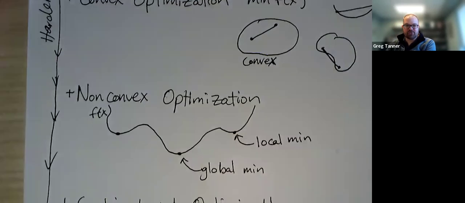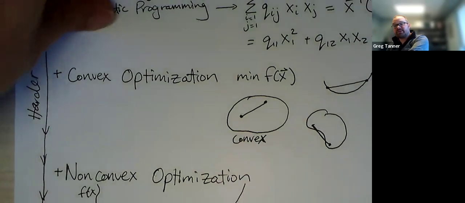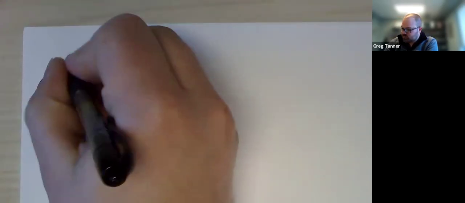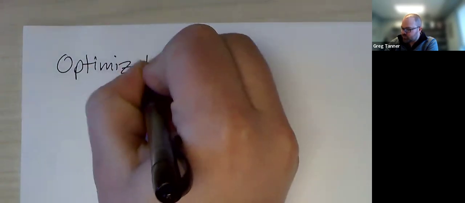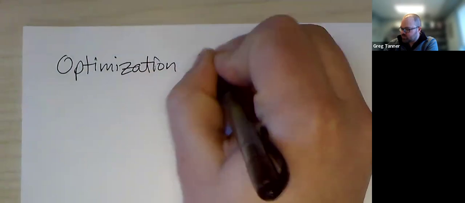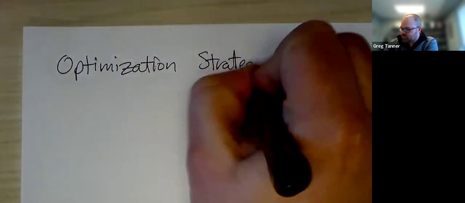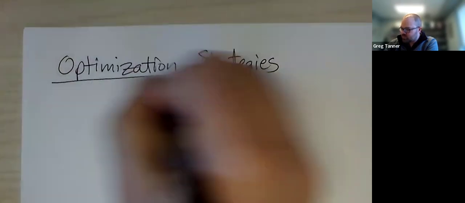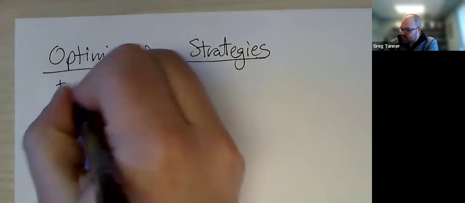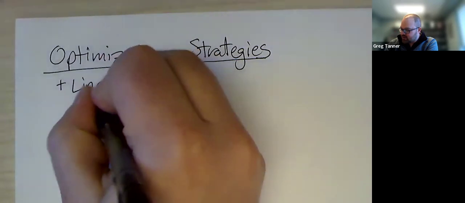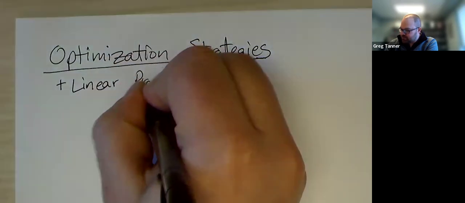So that's a general tour of some different problem types. Let's do a little bit of a tour of different problem strategies. Okay, some optimization strategies. One that we've met already is linear programming.